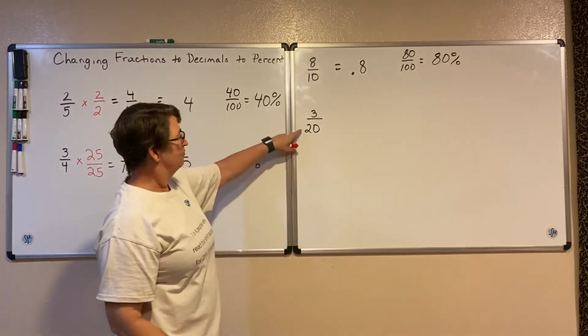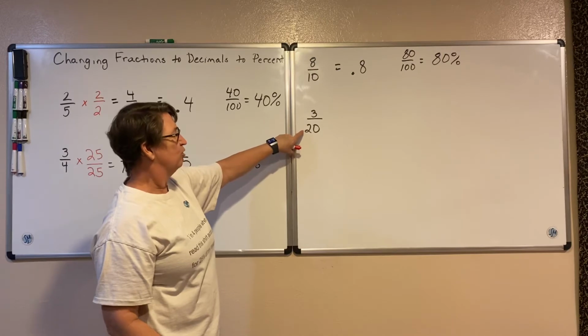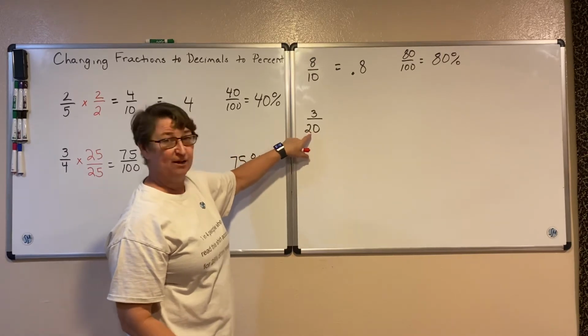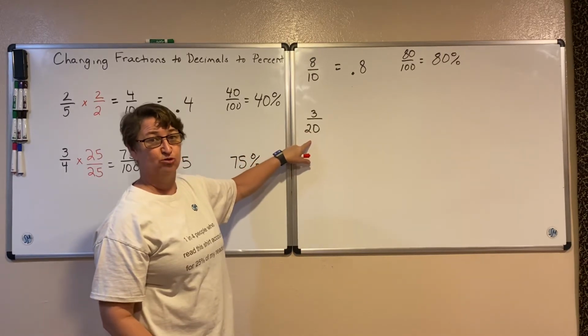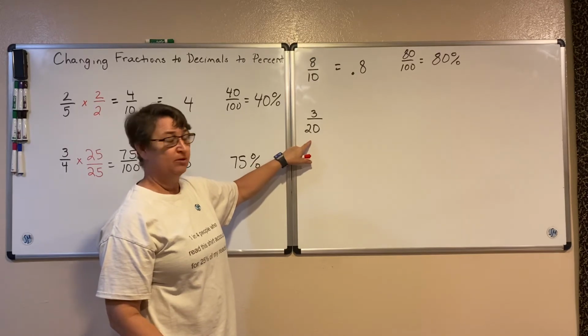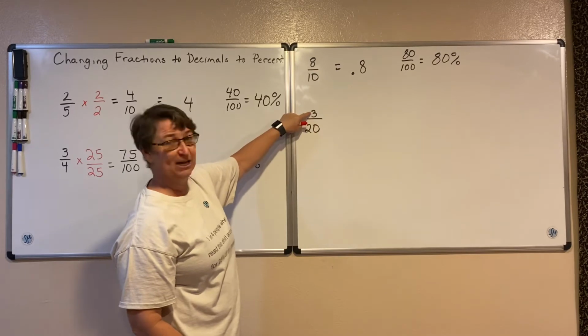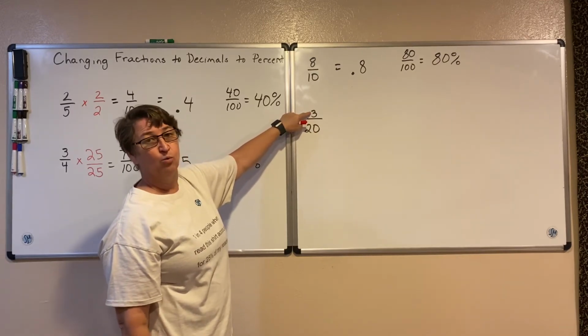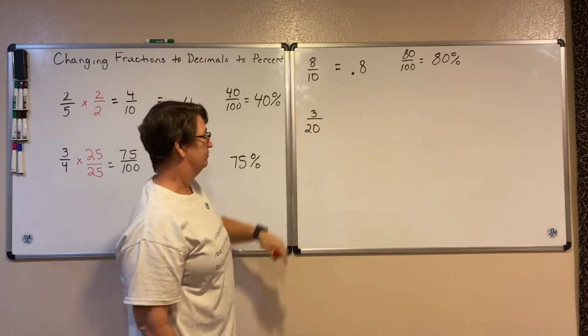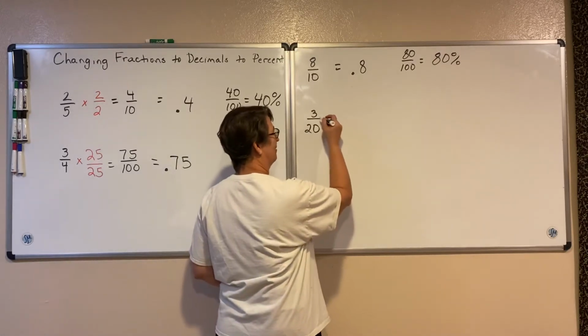Then the 3/20, well 20, I could divide it by 2 to get down to 10. If I divide this by 2, divide that by 2 and you get 1.5. But maybe that's not too pretty.